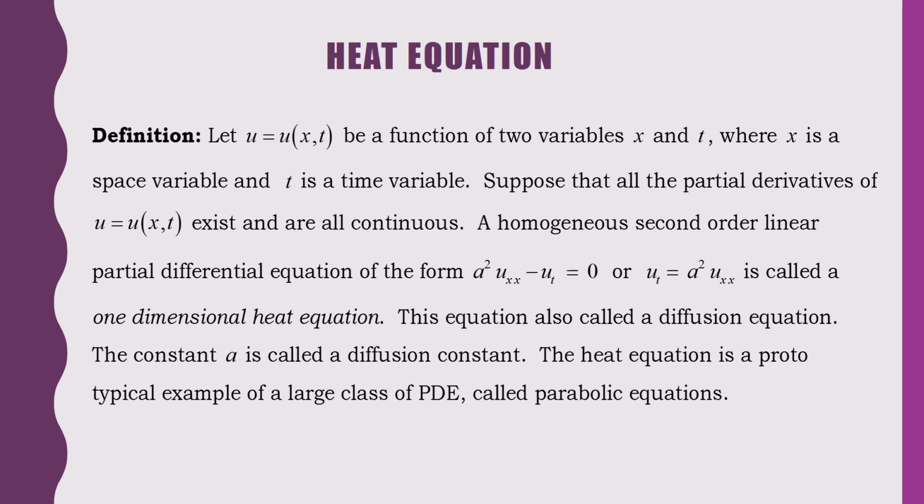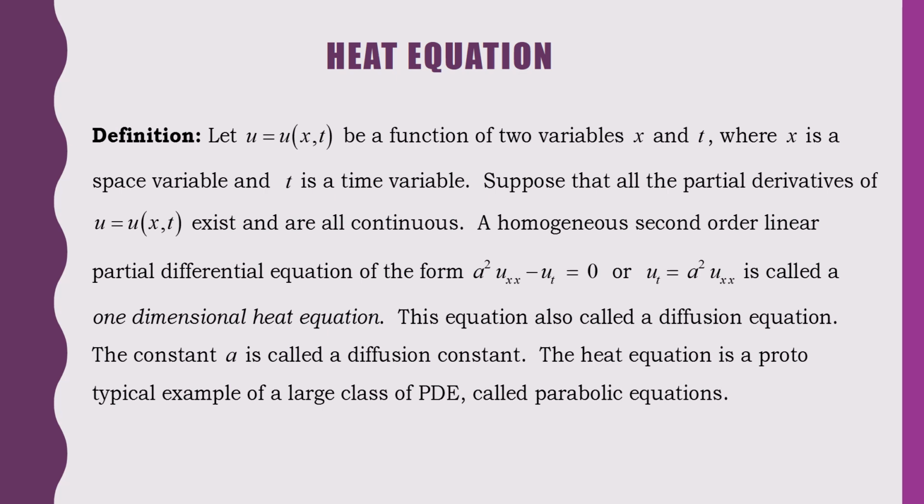Now, a one-dimensional heat equation is a second order linear PDE given by the equation u_t equals a square u_xx, or it can also be written as a square u_xx equals u_t, or a square u_xx minus u_t equals 0.